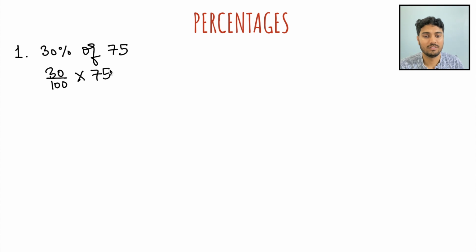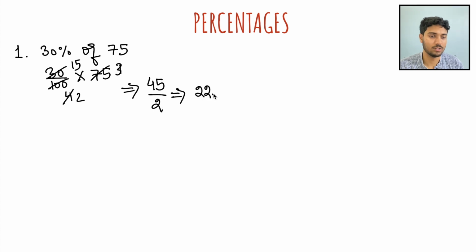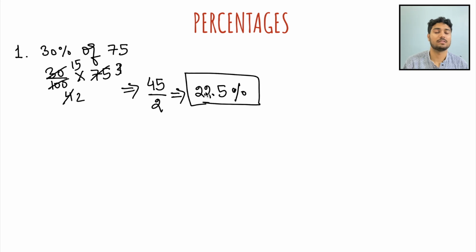We know that 75 upon 100 is 3/4. So basically this is 3, this is 4. 30 by 4 is actually 15 by 2. You can do the calculation, this is going to be 45 by 2, which is finally going to be 22.5.